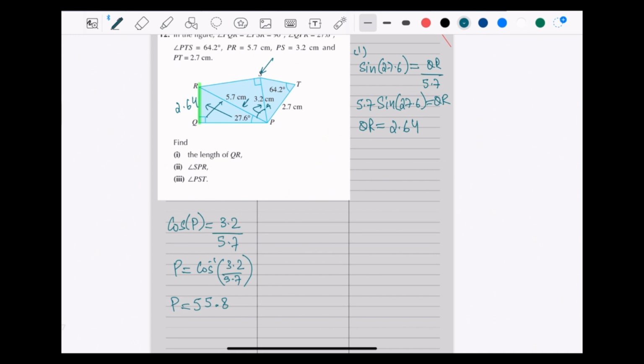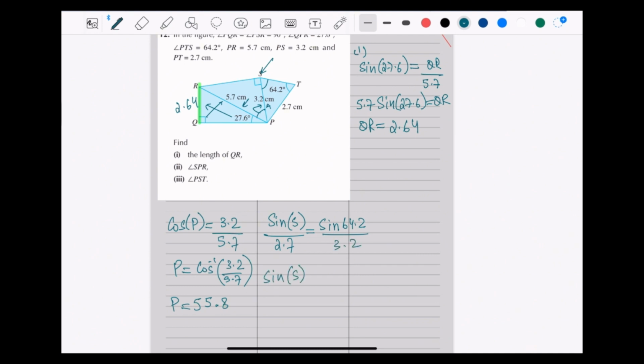Now PST, the angle PST is this angle. For that angle, since it's not a right angle triangle, and the only tool you are aware of so far is sine rule, let's try applying it. So sine of angle S over 2.7 is going to be sine of 64.2 over 3.2.